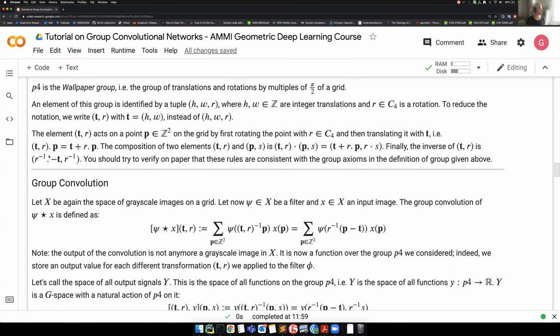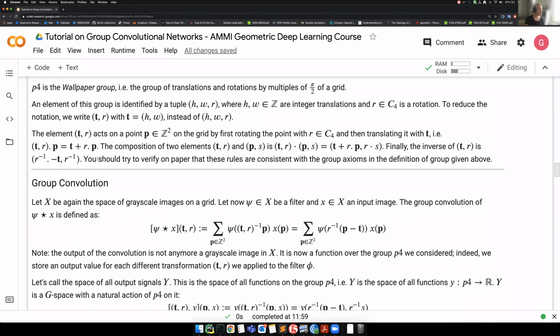So what this means is: take t as a point in the plane. Now you take minus t, which is the inverse of t, the translation in the opposite direction. And now this result, you rotate it back with your inverse rotation. The result of this is still two numbers, like a translation in the plane.